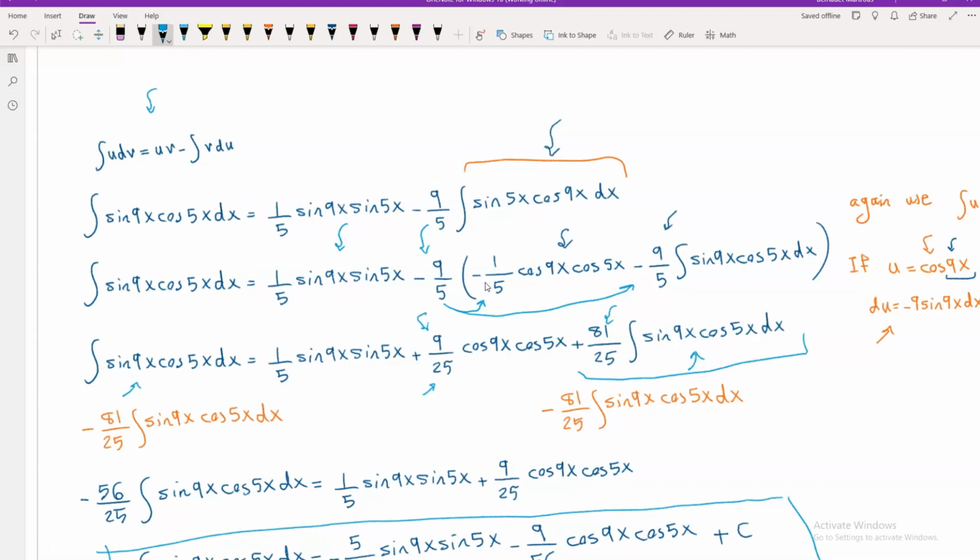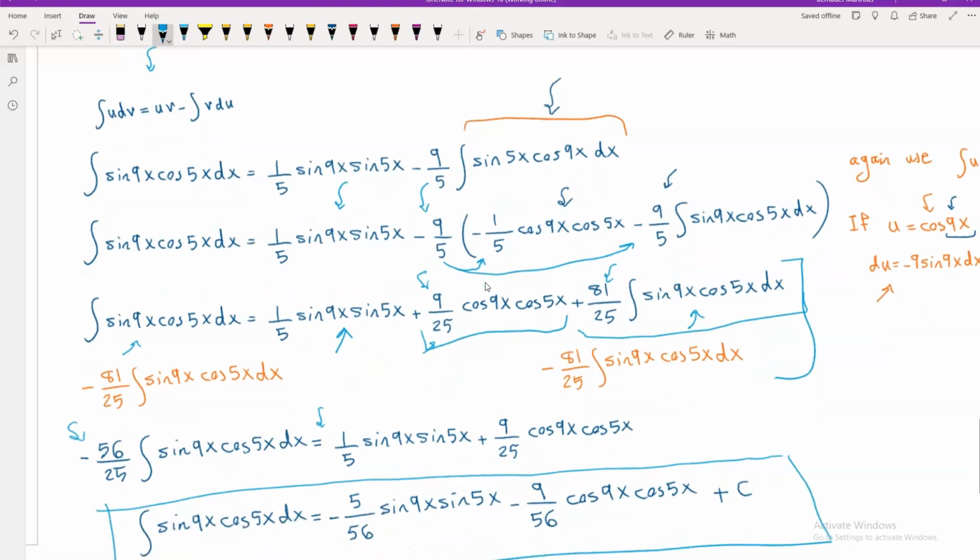So here we're going to have negative 81 over 25 plus 1, that is negative 56 over 25. Then multiply by what we have for the integral, equal to rewriting this part plus what we had here. I just subtracted, meaning that here we're going to have 0. So that part is 0.